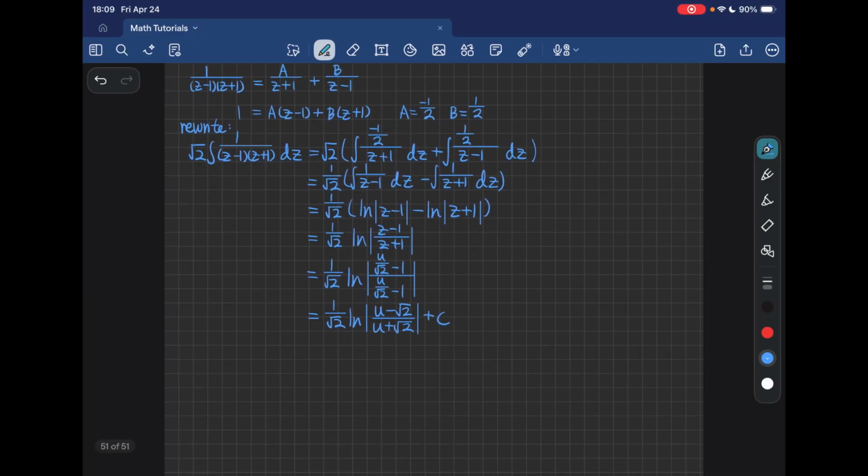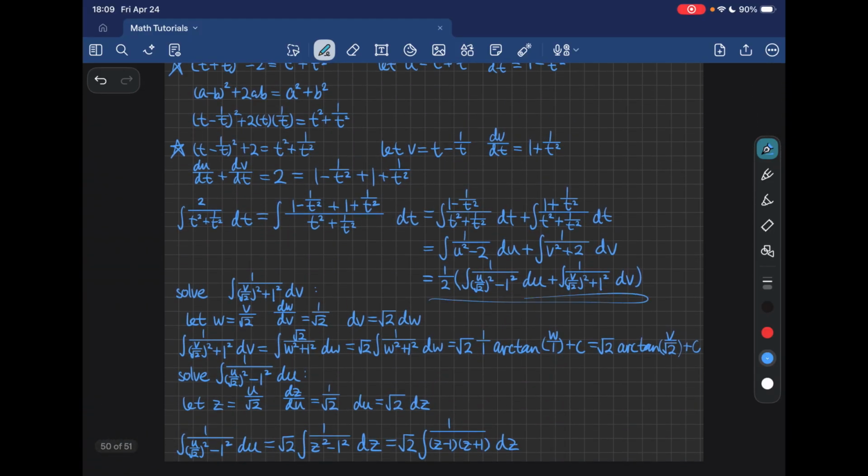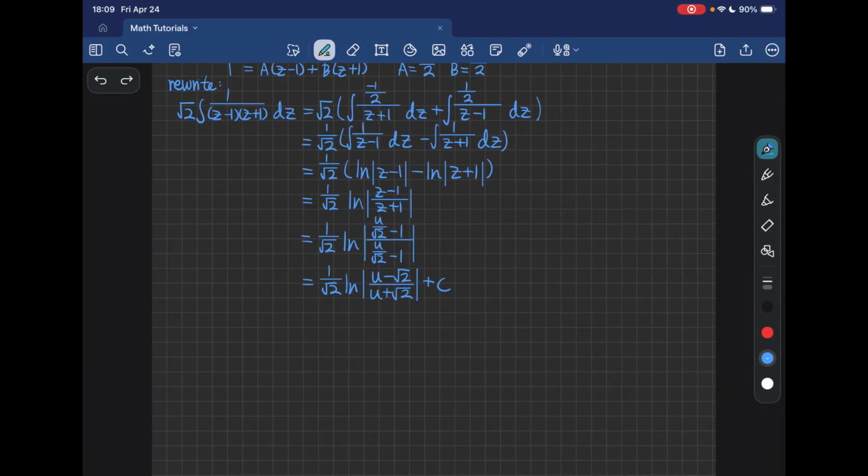So we're done with the two separate parts. Our job is to remember to multiply them by 1 over 2 and substitute everything back to where they should be, simplify, combine if we need, and then we will end up with the final answer plus c.